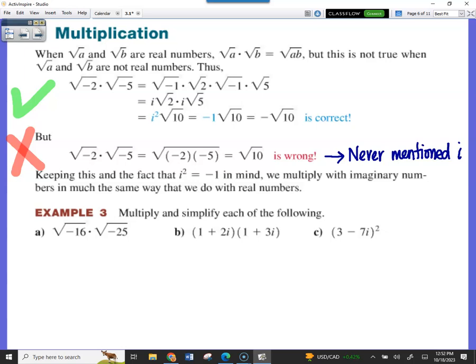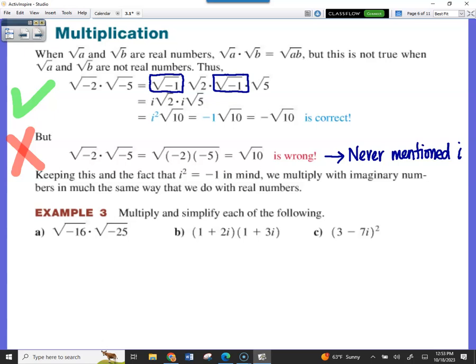You need to manipulate the radicals by immediately addressing the i part. Then clean it up. So looking up here, what they did was they pulled the i out of each one of them, i and i. And then they multiplied the 2 times the 5. i times i is i squared. Remember from the very beginning we said to memorize i squared is -1.